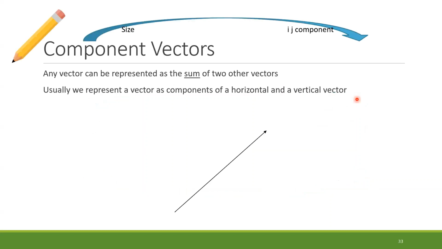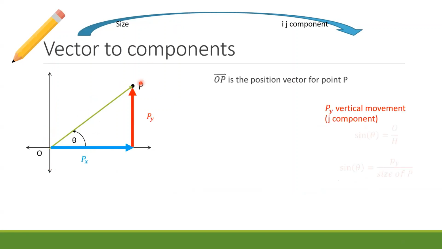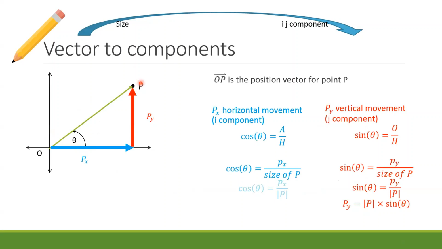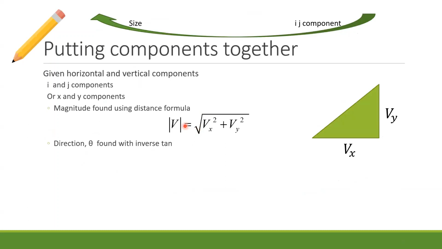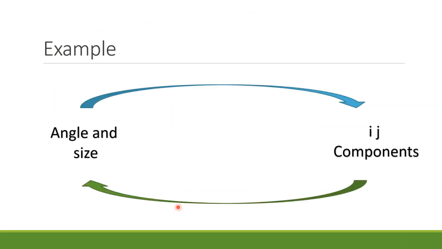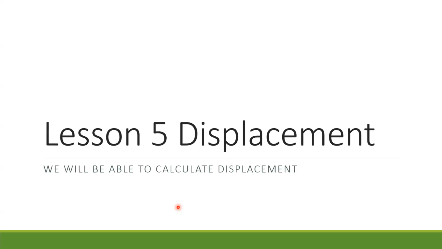We spent the last lesson working out how you can go from a direction, an angle and a size, and turn that into ij components, or take ij components and turn them into a size and a direction. Then we did some examples, I went through the unit circle, and I gave you the last 20 minutes to work on the worksheet. Today we're going to talk about the next topic, which is displacement.